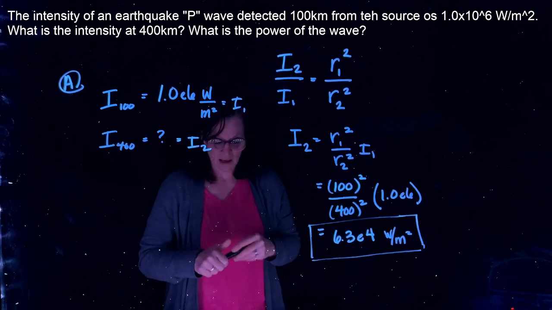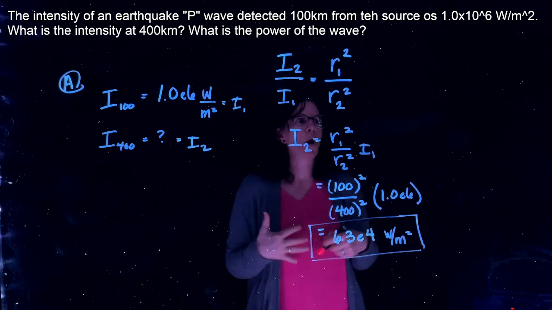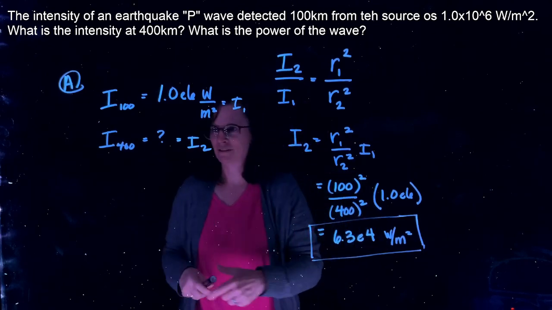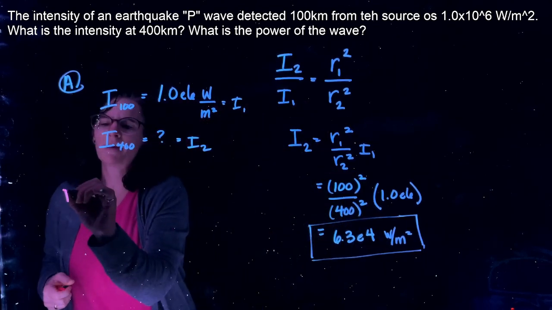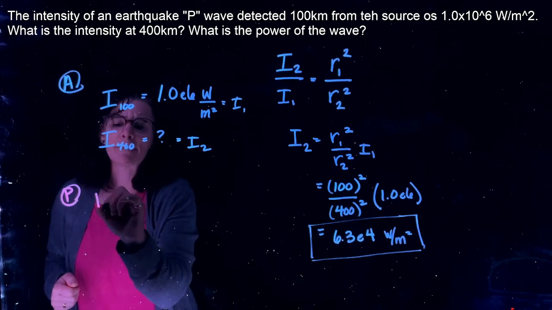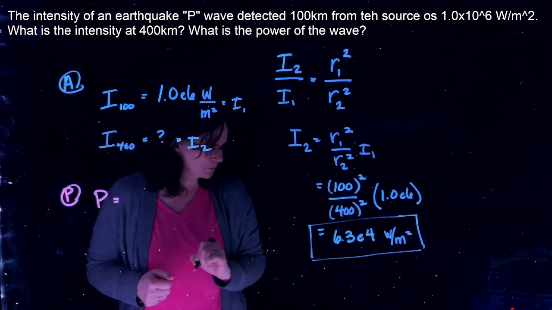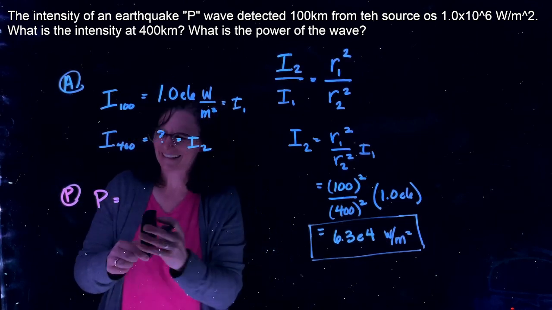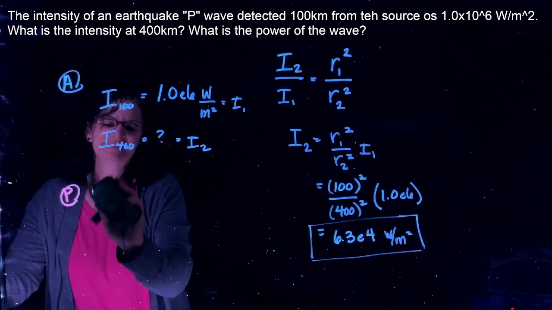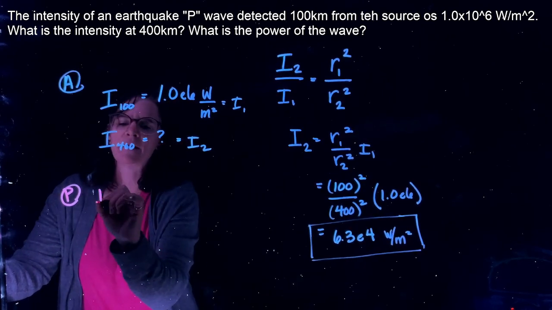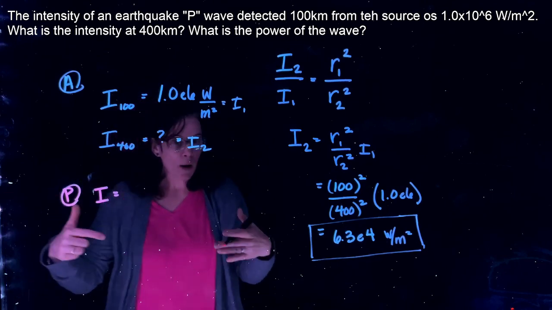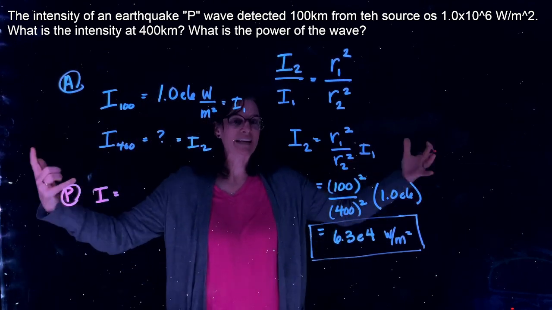Okay. Part B asks us, what is the power of the wave? For part B, we want to remember that intensity was the power through the unit area perpendicular.